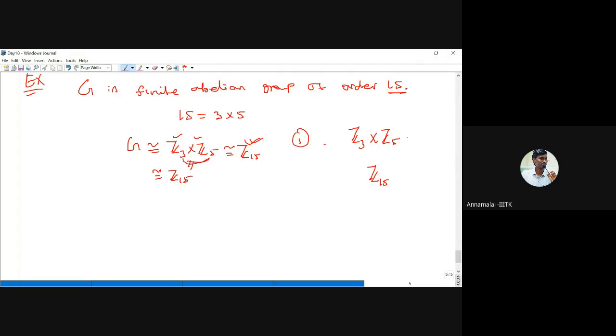There are two cyclic groups, but these two are isomorphic, because the GCD of 3, 5 is 1. Therefore, this is nothing but isomorphic to the product. These are all isomorphic, so we take only one in the collection.